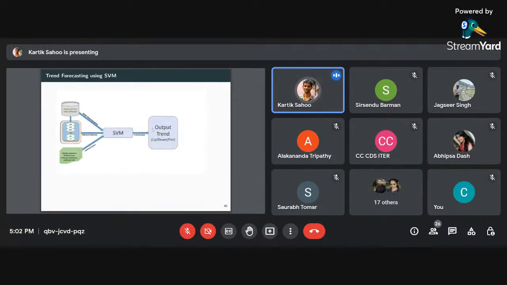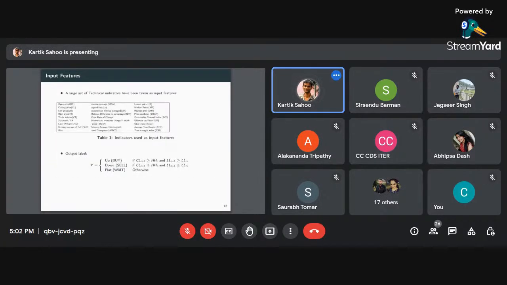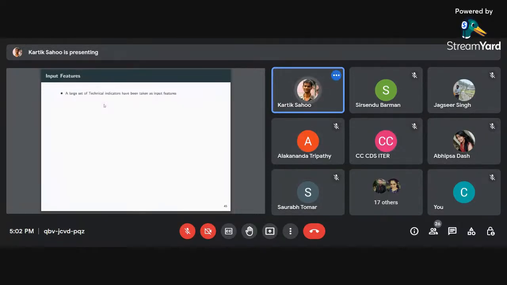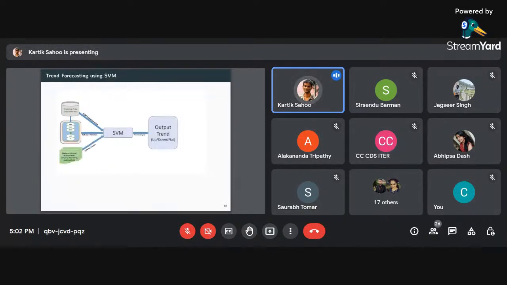We actually predict the trend: up, down or flat. If it's going up, then we will buy, and if going down, we will sell. Else we wait. So we get our three trends.